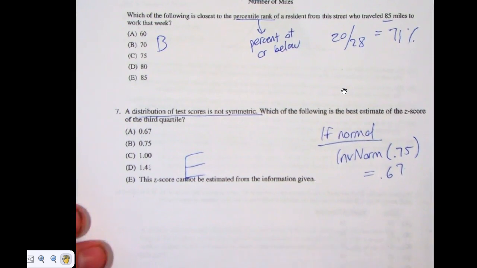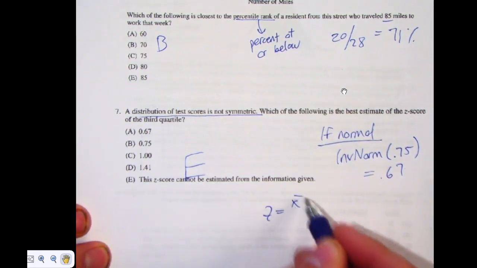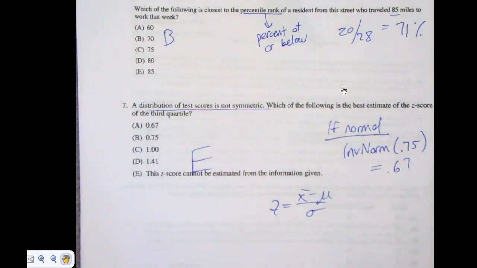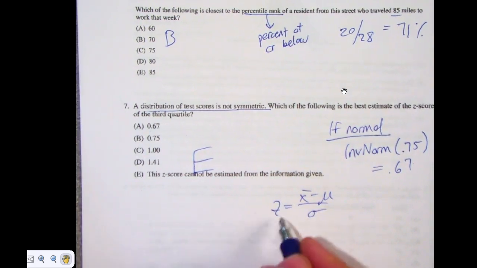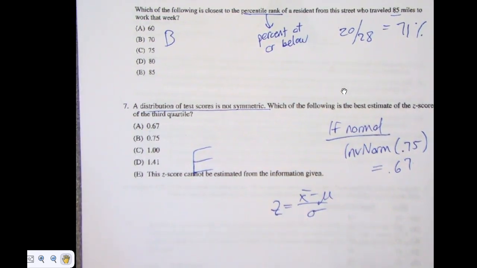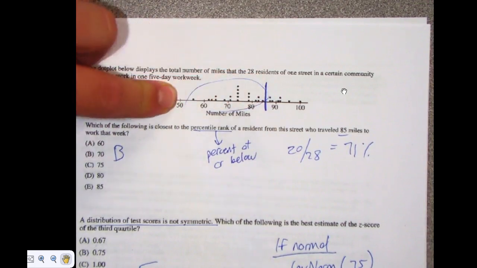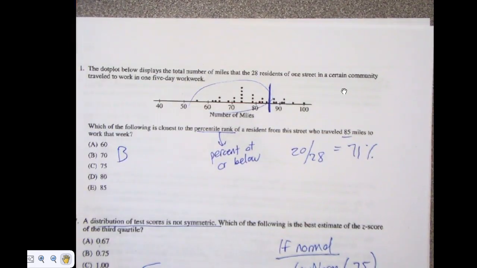To do the z-score formula, you would need x bar and mu and standard deviation. You need all that stuff, and you just don't have it. That's a separate deal. Other questions? Robo? The 20 is how many dots are below that 85 line. The 28 is how many dots there are altogether.